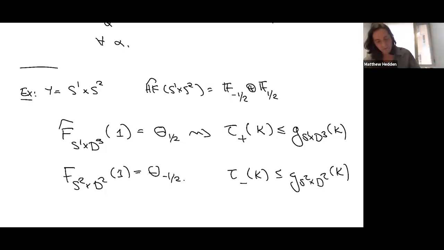And there's an inequality between these two invariants. If I have a surface inside of S1 cross D3, I can perturb that surface so it misses the circle, and then surger the circle to get a smoothly embedded surface in S2 cross D2. So I have this topologically defined inequality obtained by surgering the circle in S1 cross D3, and there's a corresponding inequality between the tau invariants.